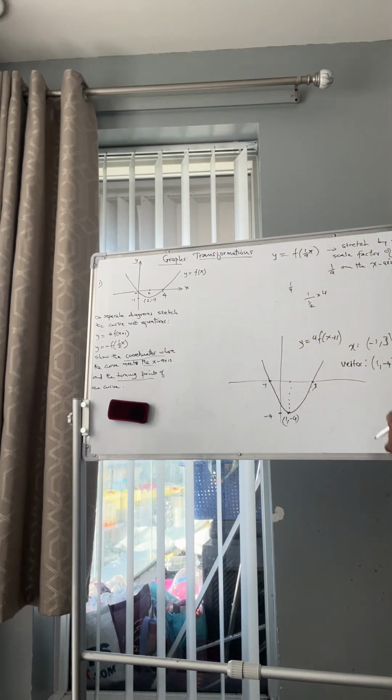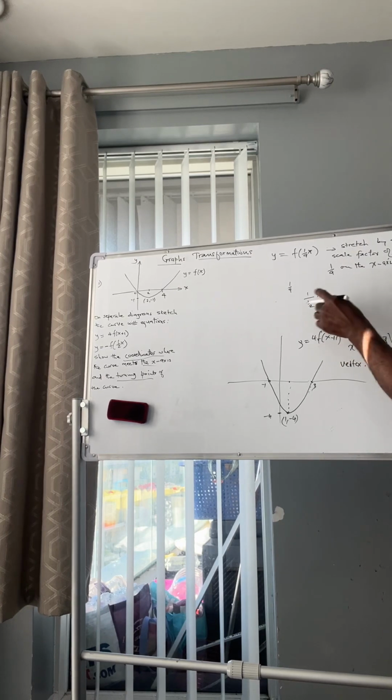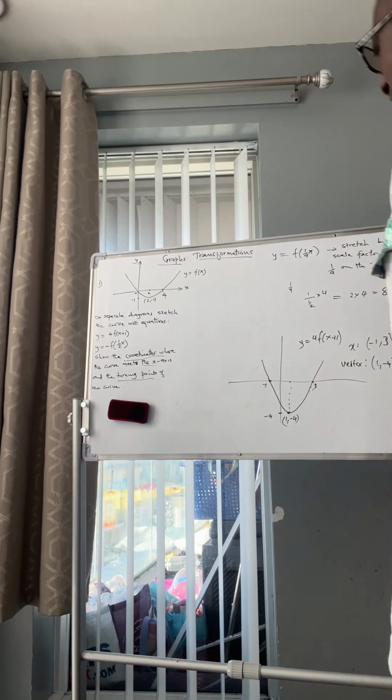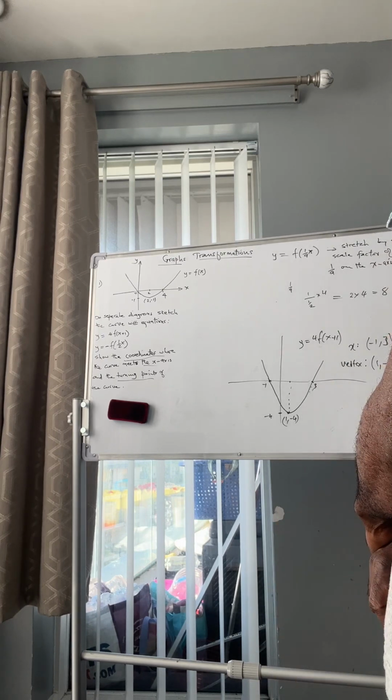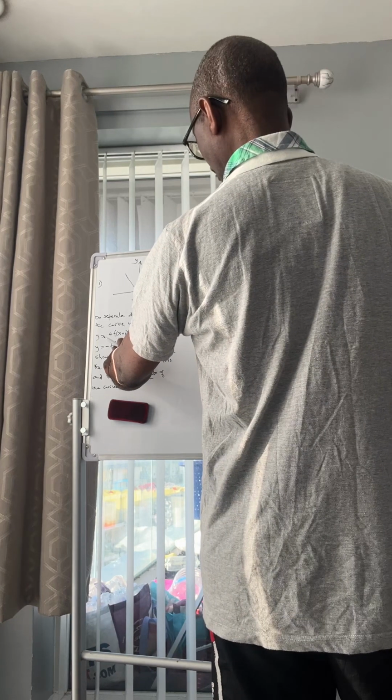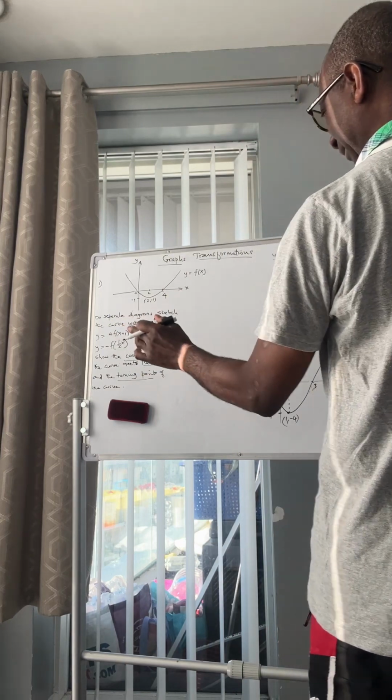I hope you understand this connection. So this is 1/A, which means 2 times 4, and this gives us 8. So that is the stretch we are going to get on the x-axis, 8. We are going to stretch the x-axis by 8 units.